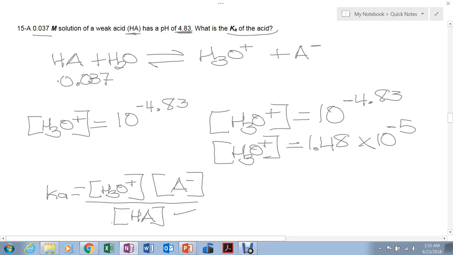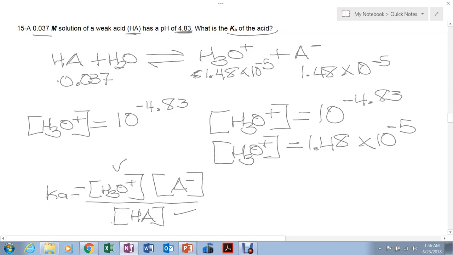We have 0.037. Do we have the concentration of hydronium? Yes. And the conjugate base, yes, because they're the same: 1.48 times 10 to the negative 5.